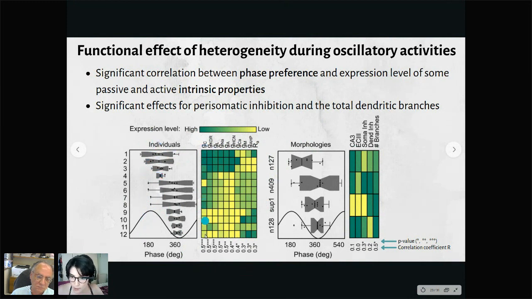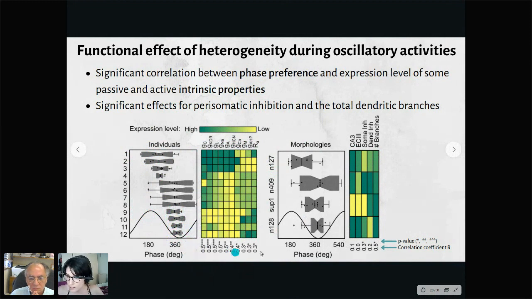And while it goes down, the preferred phase tends to go to the trough. This is shared with other intrinsic parameters, but there are some with quite the opposite behavior. For example, the axial resistance. The lower the axial resistance is, the nearer to the peak is the output phase of the neuron. And while it's high, the neuron tends to integrate the inputs somehow, making the synthetic cell fire in the trough.